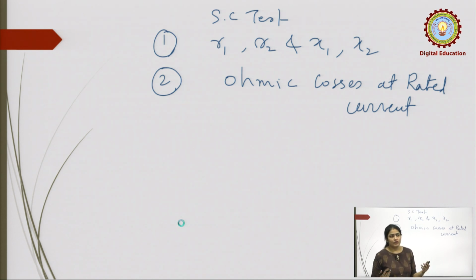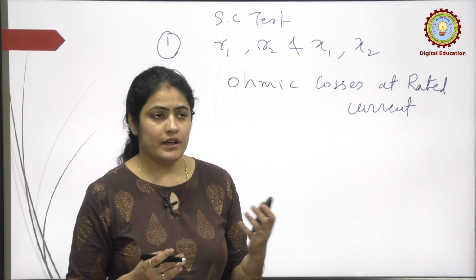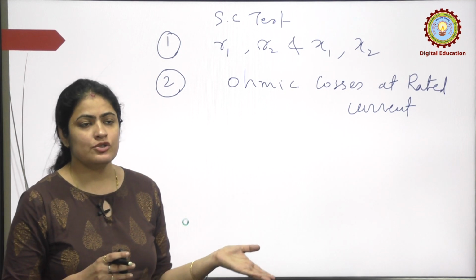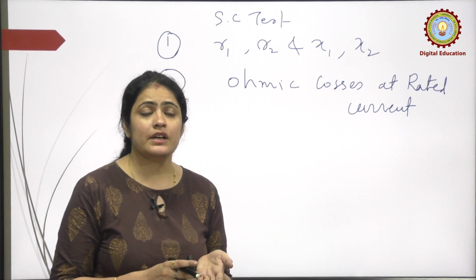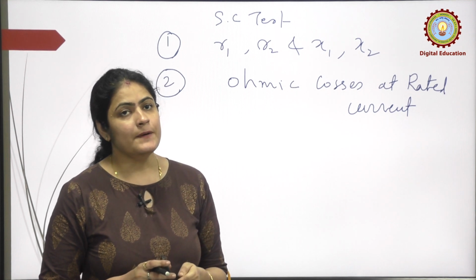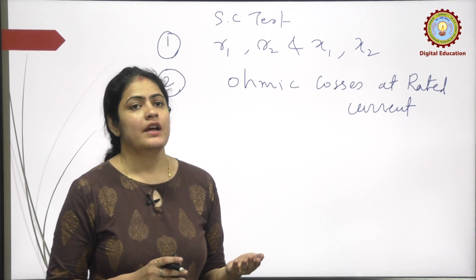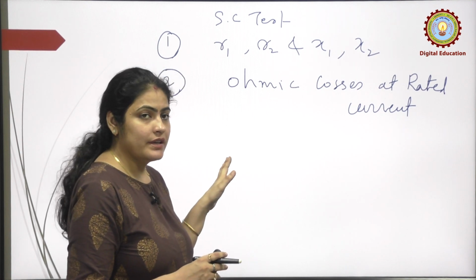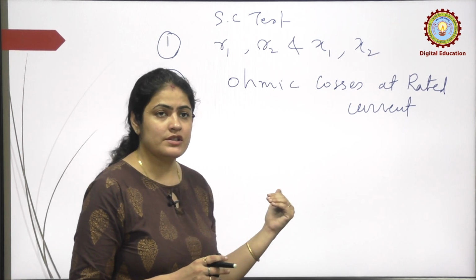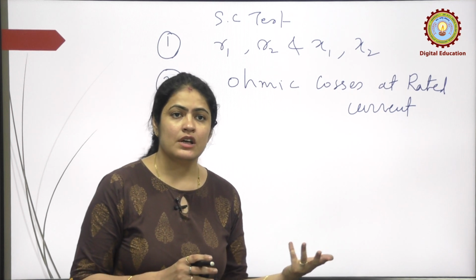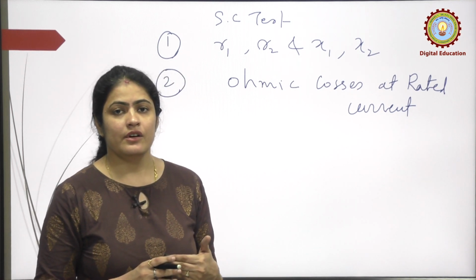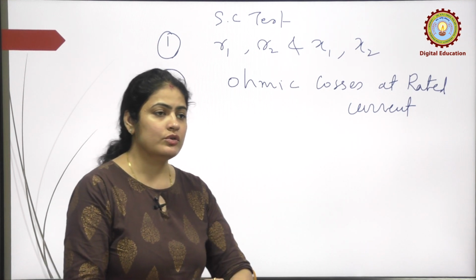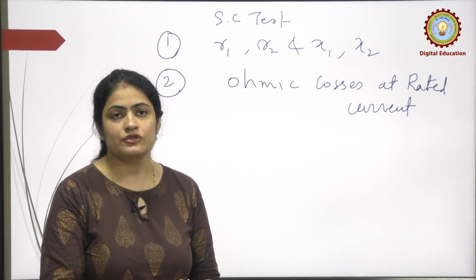By using these two tests, you will get the parameters of the circuit, as well as the efficiency of the transformer, and the total losses also. So, it is useful to find out the efficiency of the transformer.